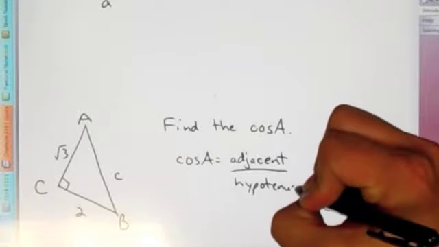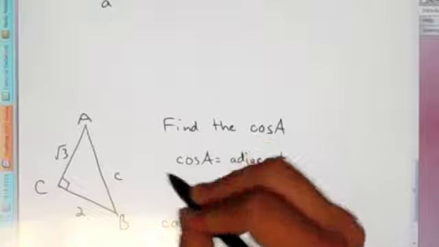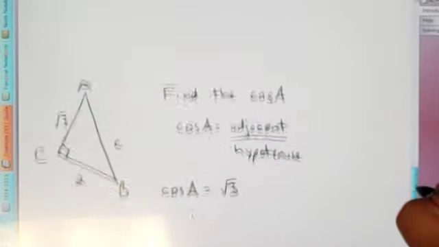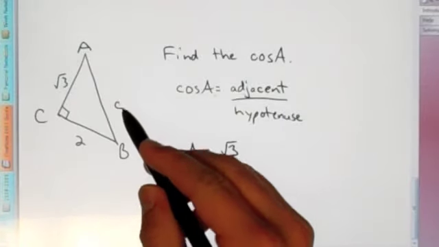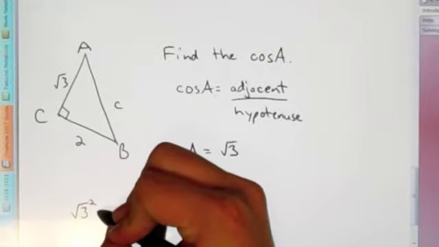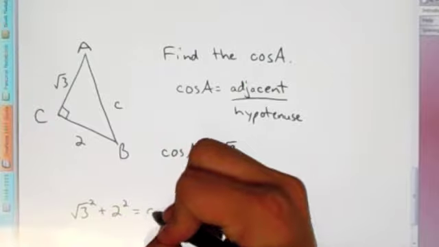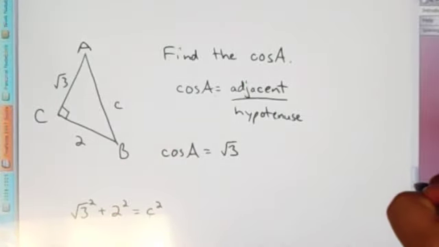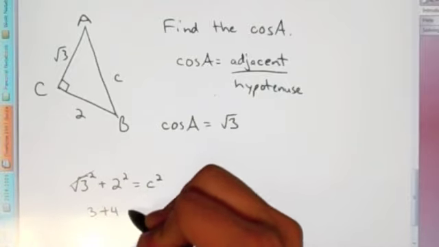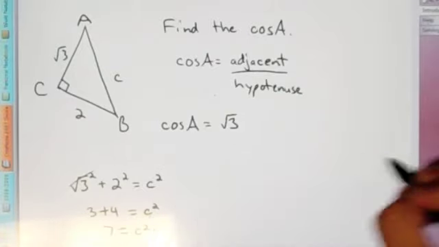In this case, we know the adjacent side, so from angle A, the adjacent side would be root 3. The problem is we don't know what the hypotenuse is, C, so that's where we have to do the Pythagorean theorem. So we have one side squared plus the other side squared, the sides that make up the right angle, equals the hypotenuse squared. And of course, a root and a square cancel each other out, so we have 3 plus 4 equals c squared. Therefore, 7 is equal to c squared.